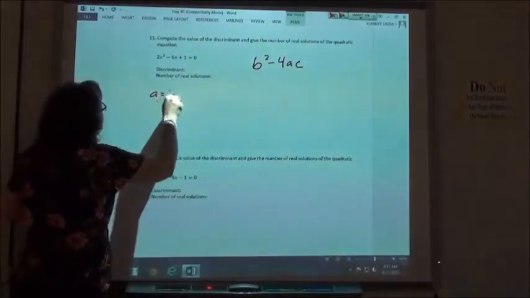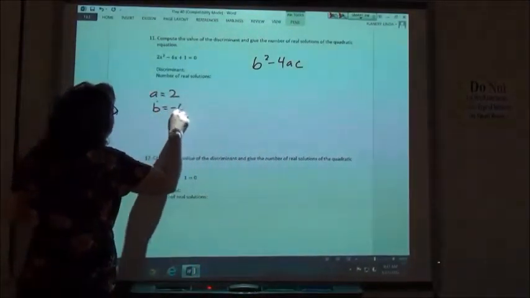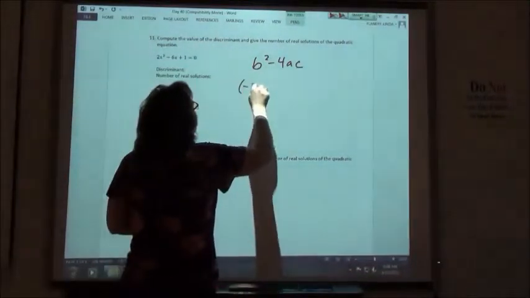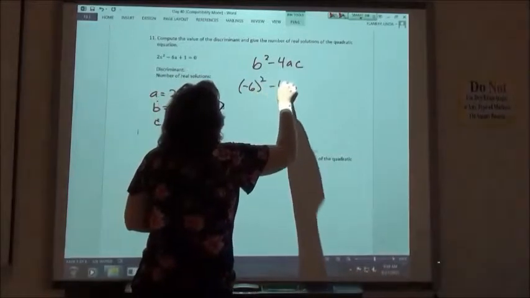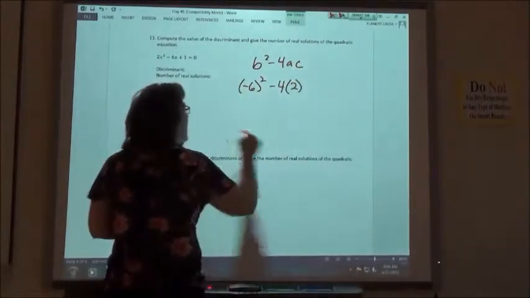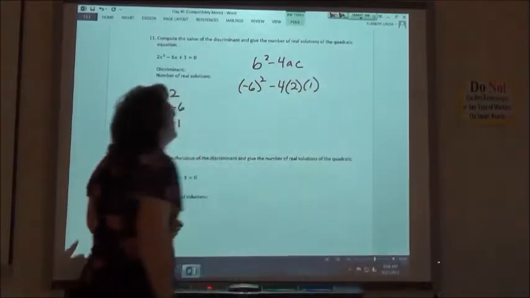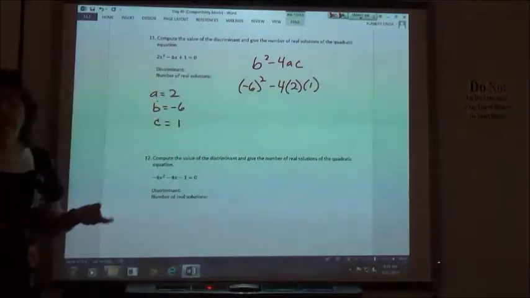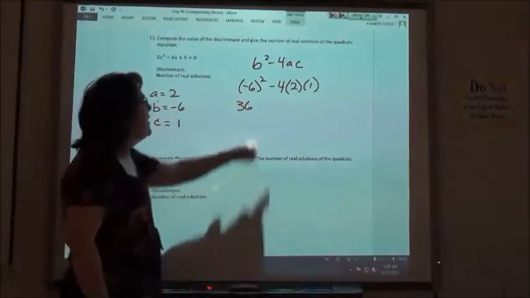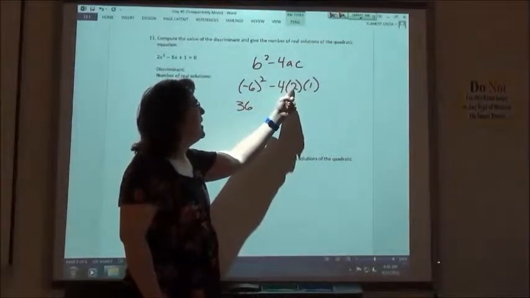A is going to be 2, B is going to be negative 6, and C is going to be positive 1. So b squared, negative 6 squared, minus 4 times the A value, which is 2, times the C value, which is 1. Negative 6 squared, negative 6 times negative 6, positive 36. Negative 4 times 2 would be negative 8.